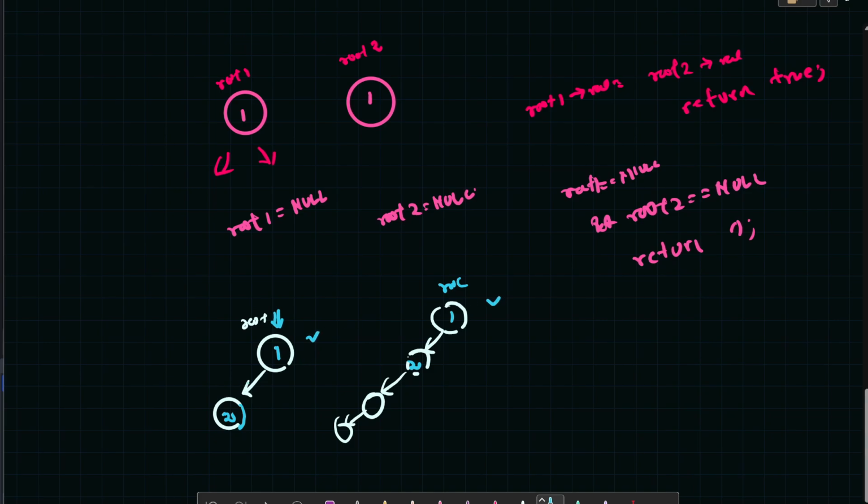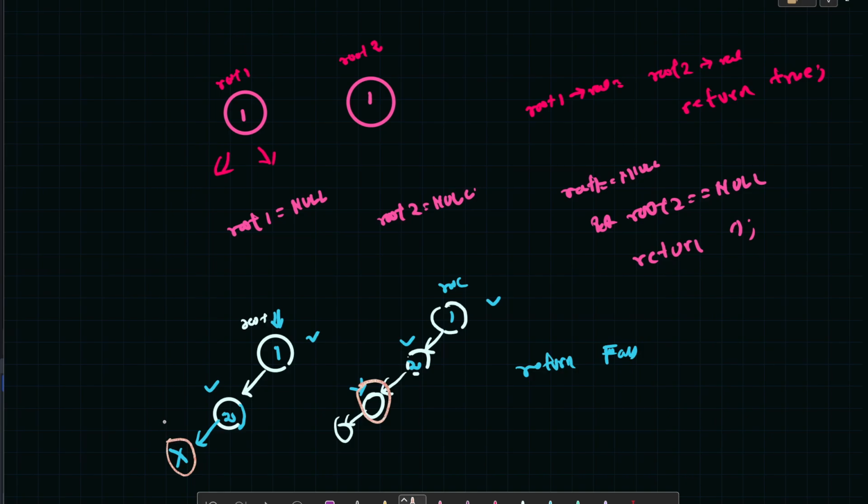We move to the left, and these 2's are also equal, so we move to the left again. Here the left is null, but there is another node on the other side. So in that case we return false, because my root's left child is null, but root 2's left child is not null.